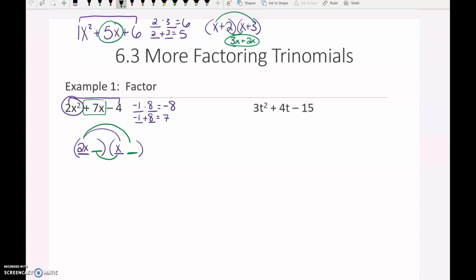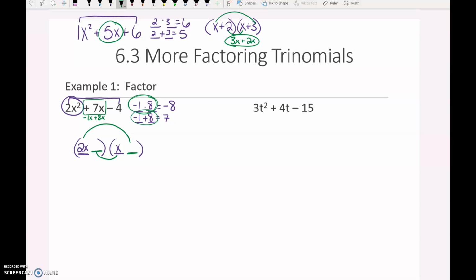So we need to figure out what those green blanks are going to be to give us 7x. And we're going to use these numbers over here to help us. So these numbers are going to be -1x and +8x. -1x and 8x add up to that 7x.